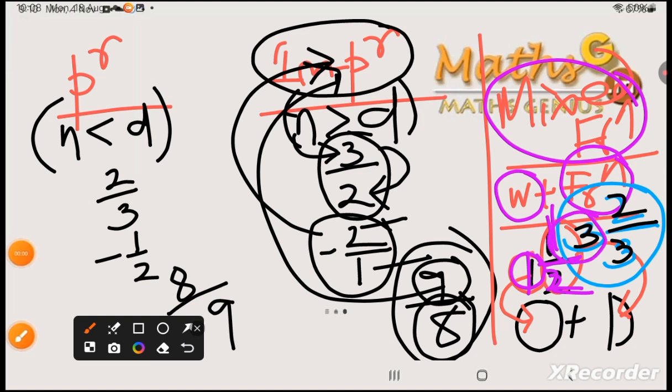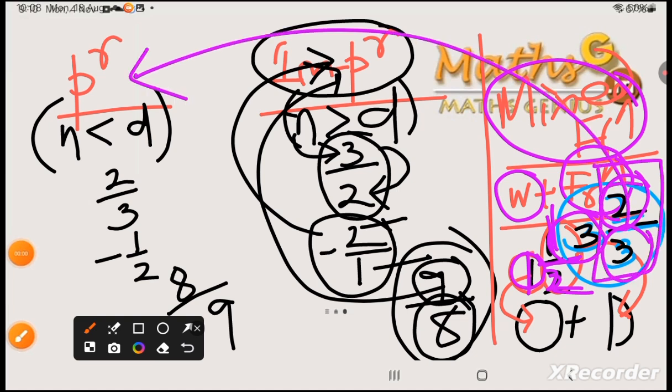What is the numerator part? 2. What is the denominator part? 3. Is the fraction part proper? Yes, because the numerator is lesser than the denominator. Plus with this proper fraction, we have a whole number. They are staying together, they are mixed, that is why it is a mixed fraction.